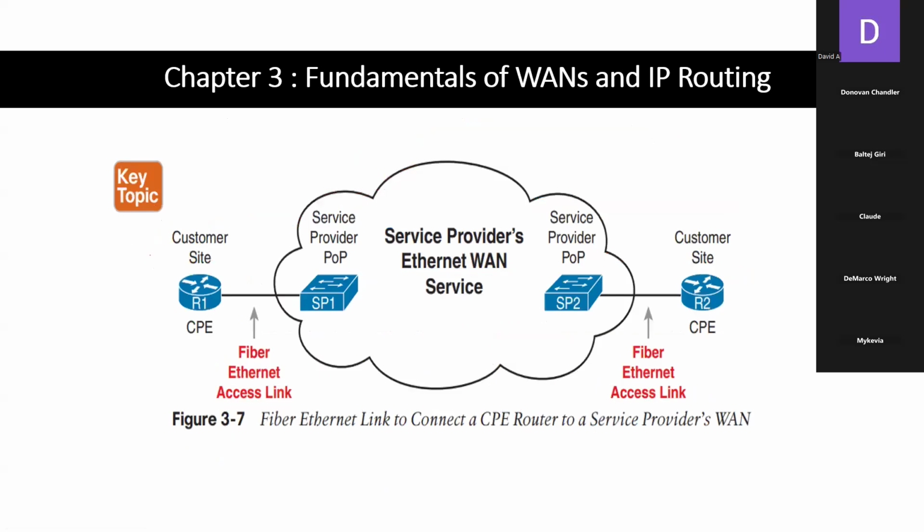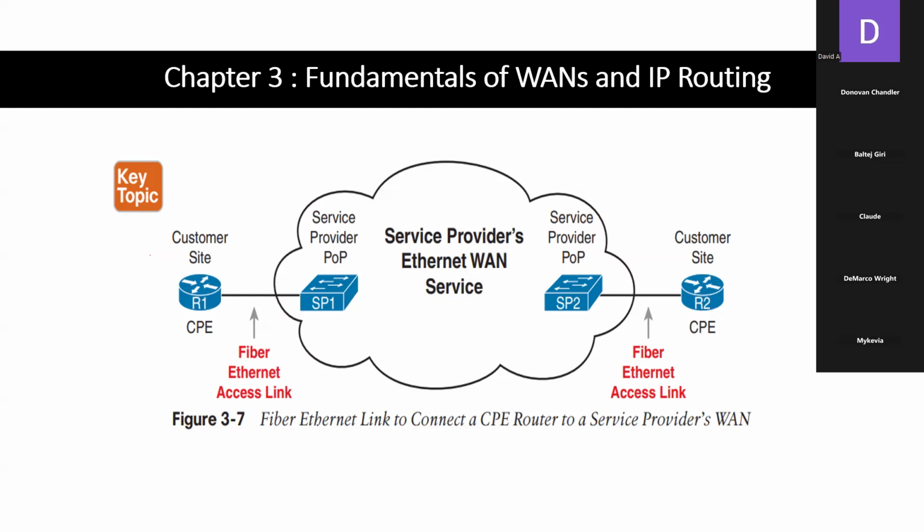So let's talk for a little bit about Ethernet as a WAN technology. For a while, and I think we've talked about it so far, you would only see Ethernet technologies for local area networks. Why is that? Because if we're talking about copper, for example, there would be restrictions on cable lengths.